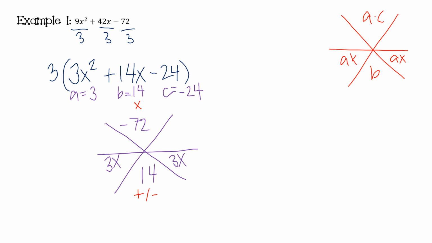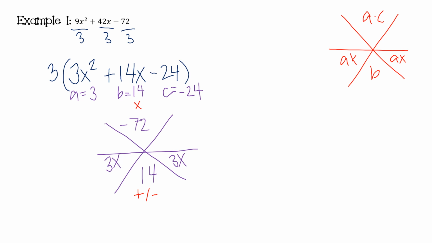If the top number is negative, and you can look back at those reminders, the little cheat sheet on if the top number is negative versus positive, what do my signs need to be? If the top number is negative, then the two numbers have to be opposite of each other. One has to be positive and one has to be negative.